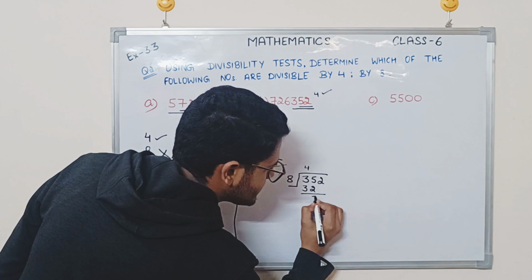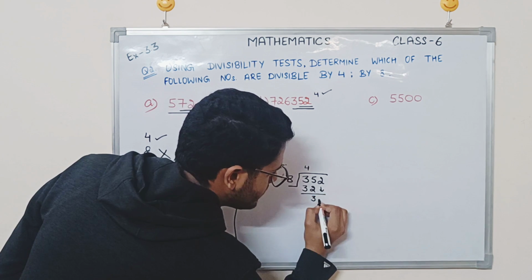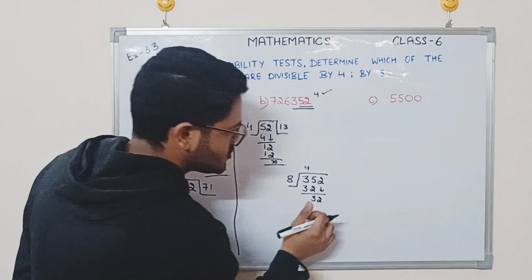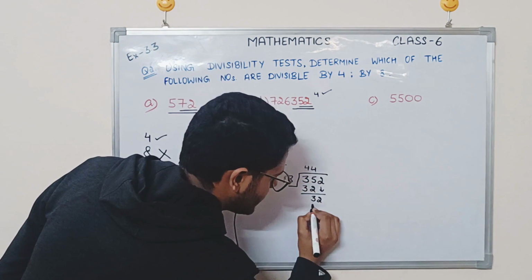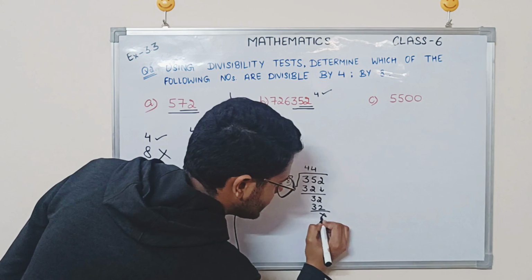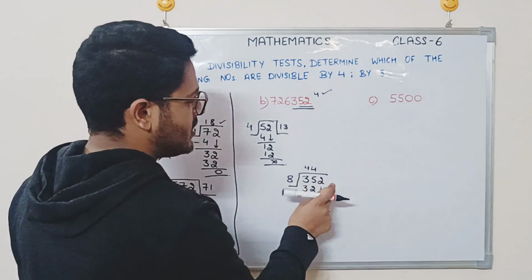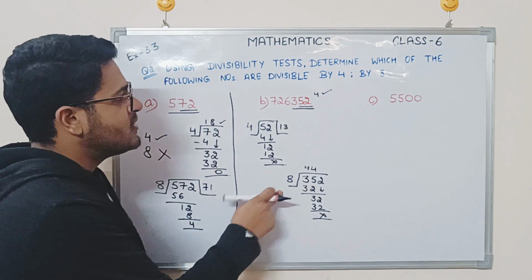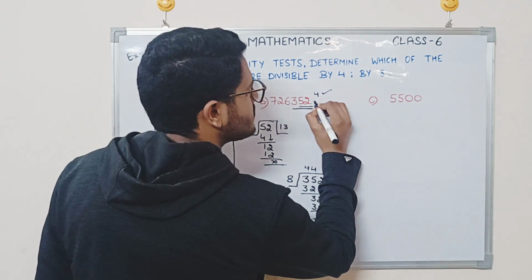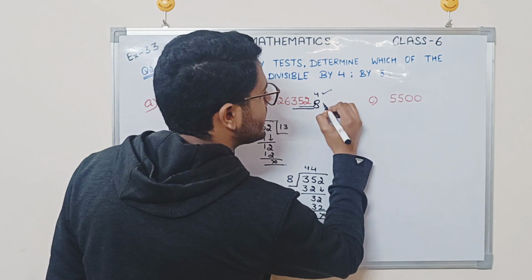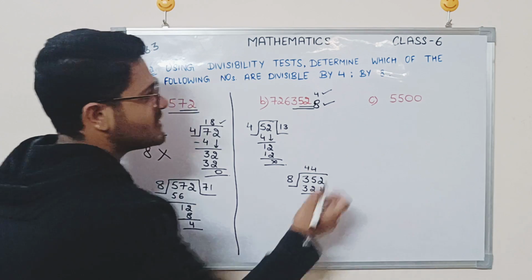Right? Remainder is 3. Again we have 32. So 8 fours are 32 again, and the remainder is 0. So 352 is completely divisible by 8. Therefore this whole number is also completely divisible by 8. Okay. Easy.